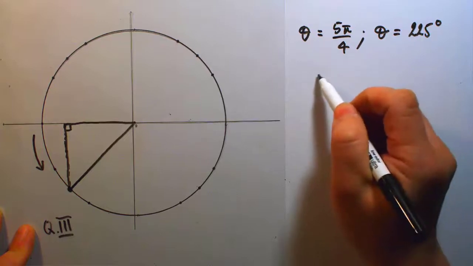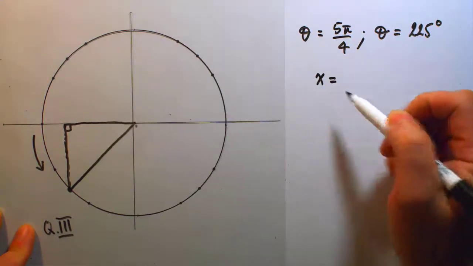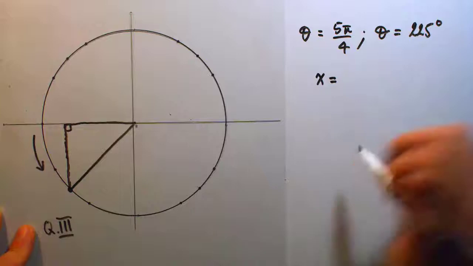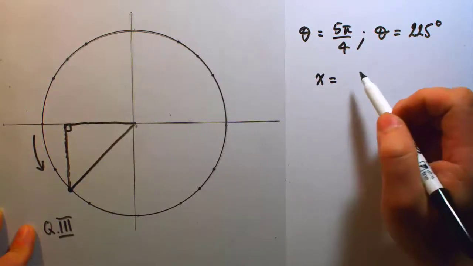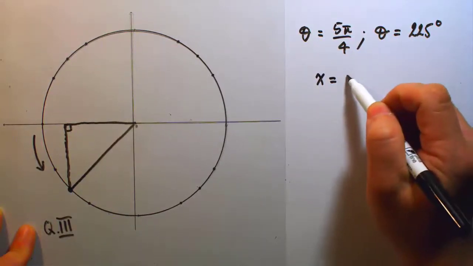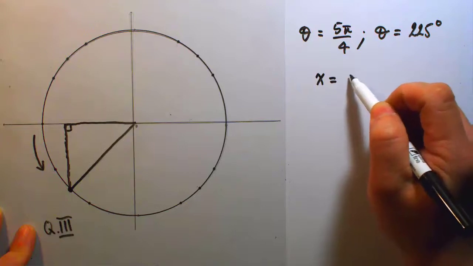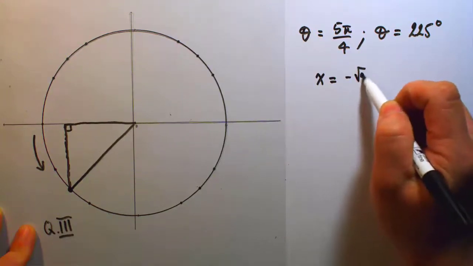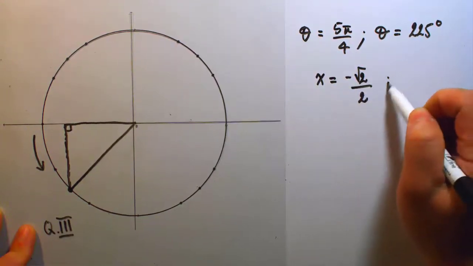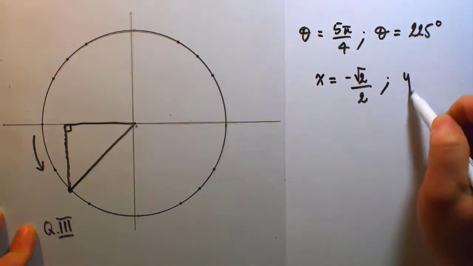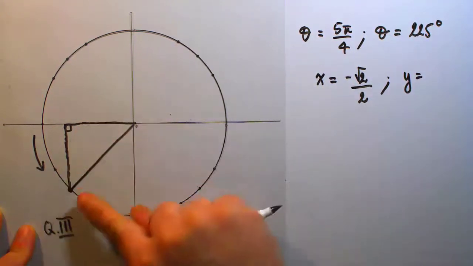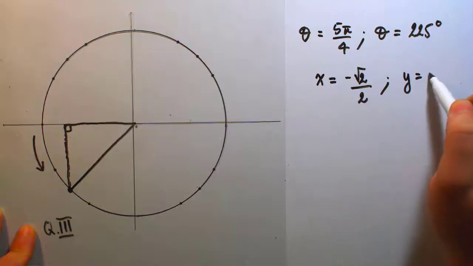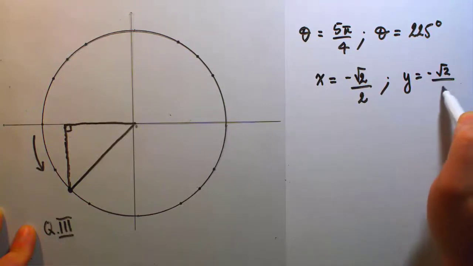In that way, my x coordinate in quadrant 3, that length right here, we have seen all those arguments throughout our past videos. So here it's a negative √2 over 2, and the y coordinate in this case is also pointing downwards below the x-axis, so -√2 over 2 as well.